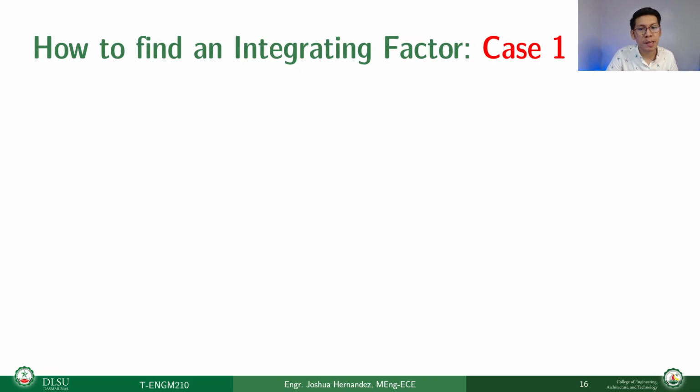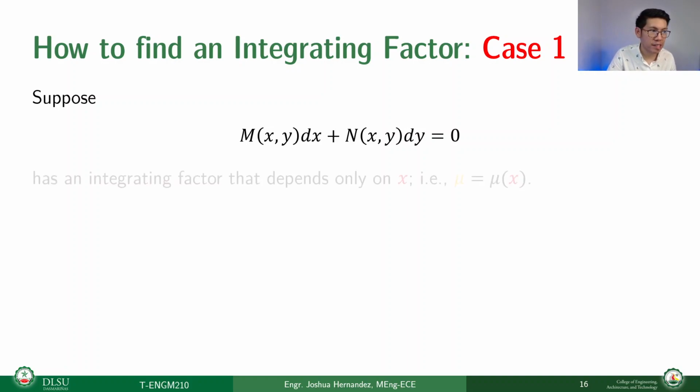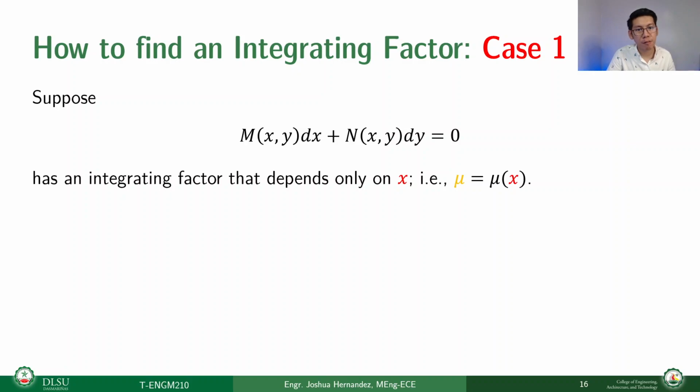So, first simplification, let's call it case 1. Suppose the differential form M(x,y) dx plus N(x,y) dy is equal to 0 has an integrating factor that depends only on x. In other words, we will let mu be dependent on x, and that is mu of x. Okay?